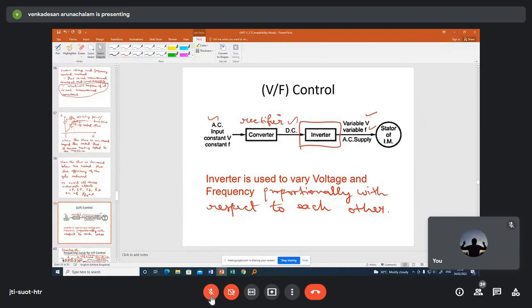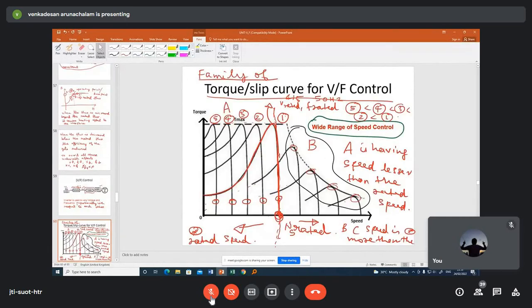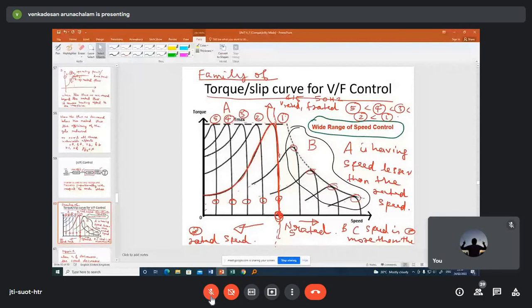Now if we vary V and F proportionately with respect to each other, how will we get the torque slip characteristic? If you draw it, you will get the torque slip characteristics like this.